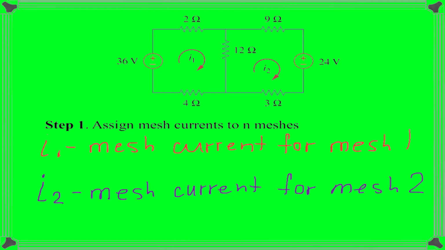To make it easier and consistent, let's assume that mesh currents will always flow clockwise in the loop. It really doesn't matter, the mesh current could be going counterclockwise as well, but just to make it easier to remember, assume that mesh currents will always be flowing in clockwise direction.